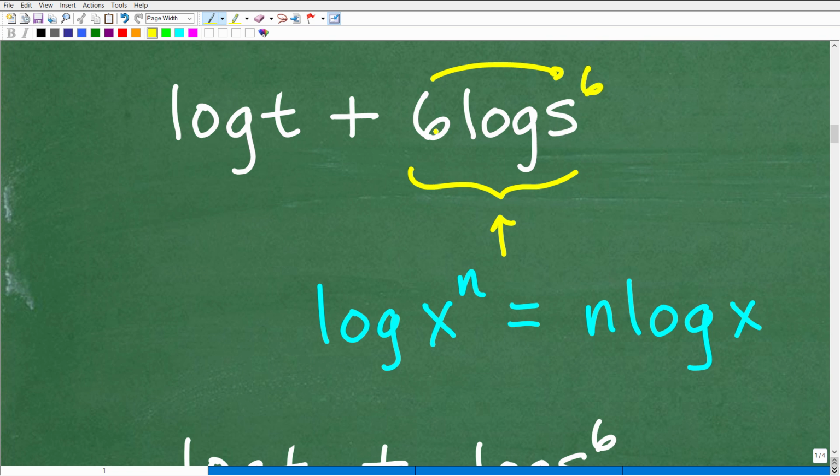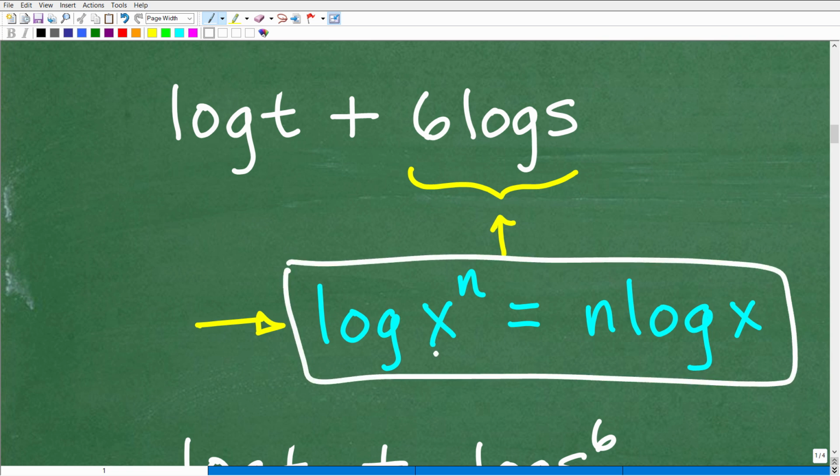So we have the variable s, and I can just take this 6 and scoot it up here. I'm going to suggest that the first thing you do when you're condensing expressions is to deal with any powers. If you see coefficients in front of these log expressions, just move those coefficients up as exponents. So what we're going to be thinking about is this property of logarithms right here: log x to the n is equal to n log x.